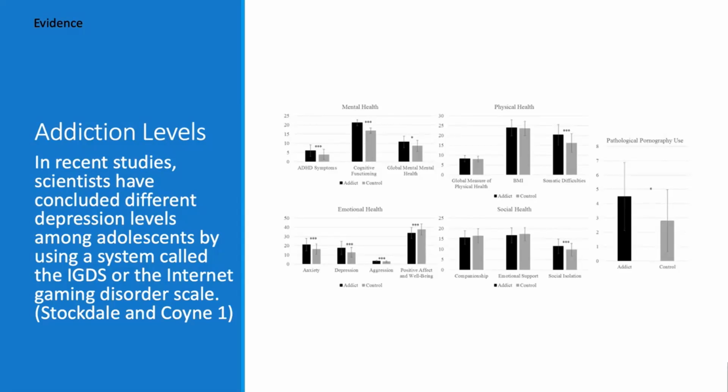The ones who are addicted have greater ADHD symptoms, poor cognitive functions, and scored worse on the global measures of mental health. With all of these combined, we can conclude from the graph that video game addicts display poor cognitive functions and mental health compared to the non-addicts.